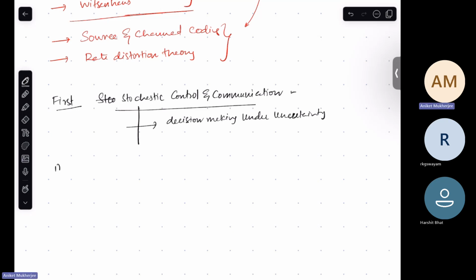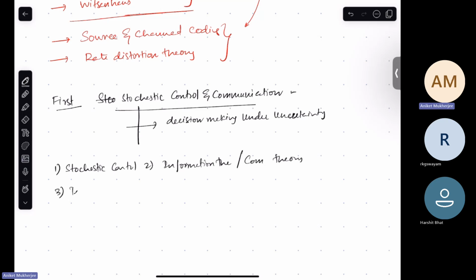Here are different topics: one is stochastic control, the other is information theory, then we have communication theory, and then team decision processes or collaborative decision processes. Then you have some theory in economics. All these have the same type of model: a mathematical model in which something is uncertain.